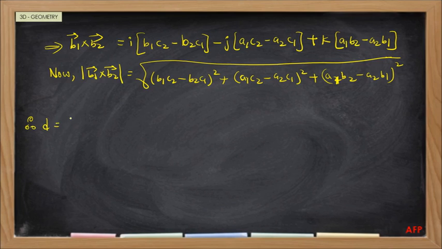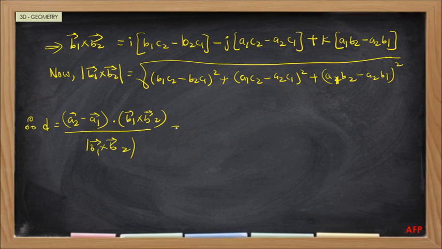D is equal to (A2 minus A1) vector dot product (B1 cross B2) divided by the magnitude of B1 cross B2.